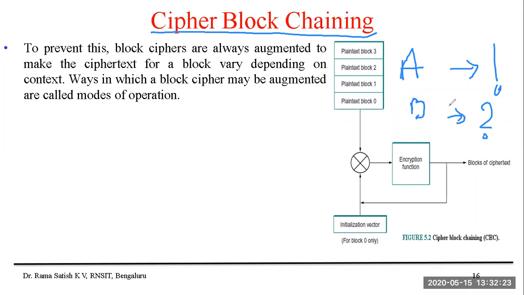To prevent this, block ciphers are always augmented to make the cipher text for a block vary depending on context.